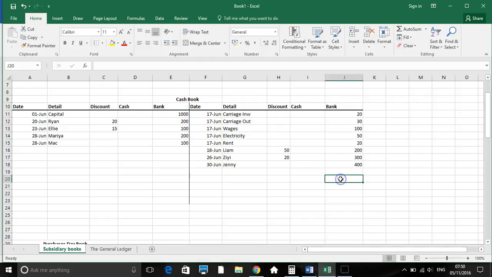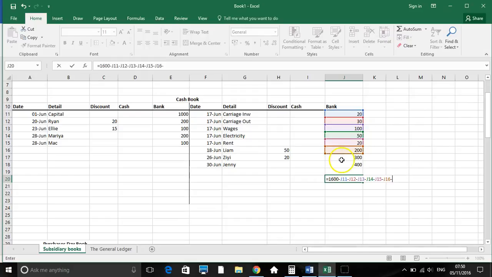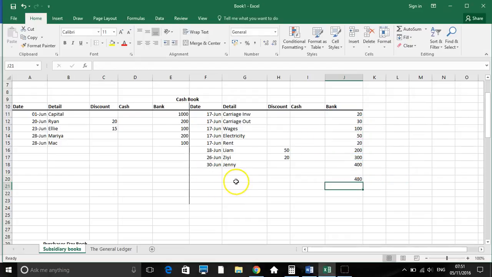So I know that this is equal to 1,600 minus this minus this minus. This is really long, but let's just quickly tie this up. This minus this minus this minus this minus this. Right, and that's my balance carried down.